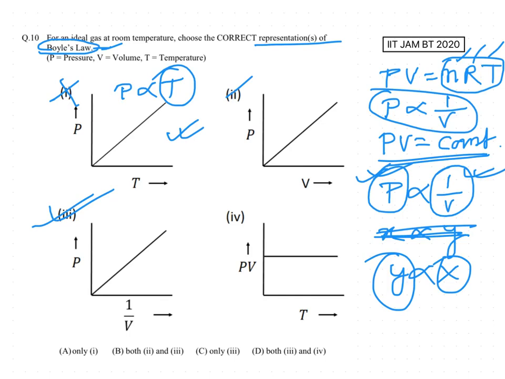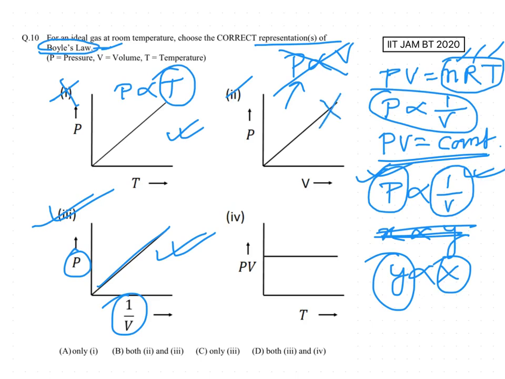So this graph is true. This graph successfully represents Boyle's law. But this other graph denotes P is proportional to V, which is not true. That means this graph is not true.